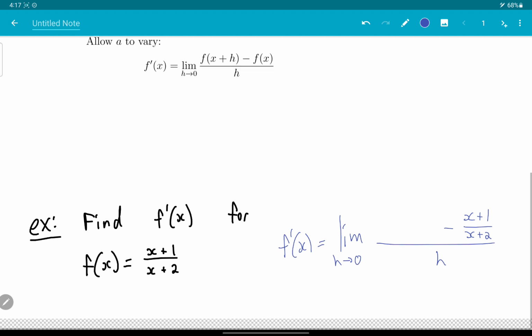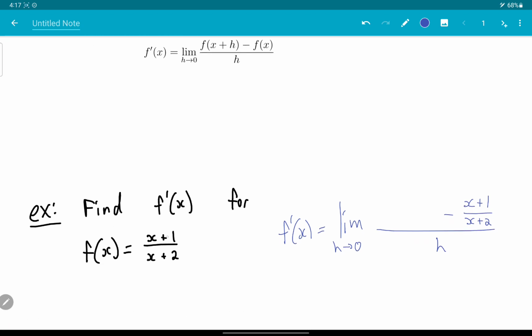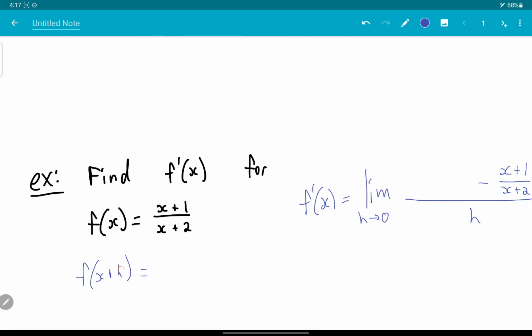Now, what is f of x plus h? Well, if this is f of x, then f of x plus h is obtained by merely, let's clean this up a little bit.